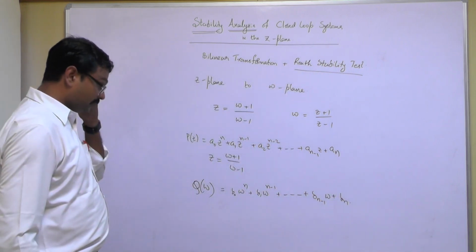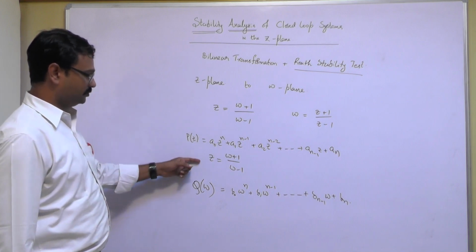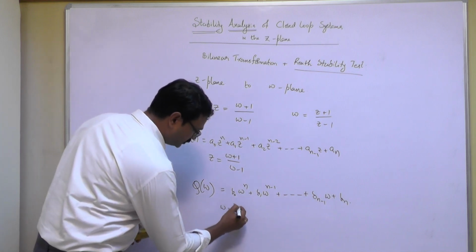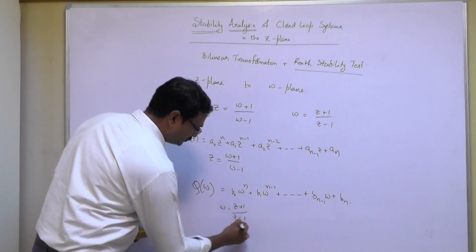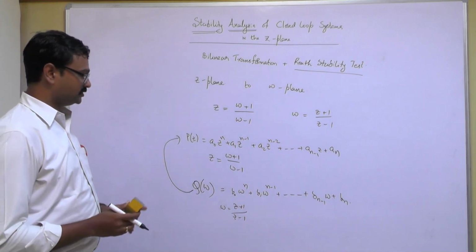So you are going to get some other polynomial equation, and similarly when you replace w with z plus 1 by z minus 1, you can get back this equation without any problem. That's why it is called a bilinear transformation.